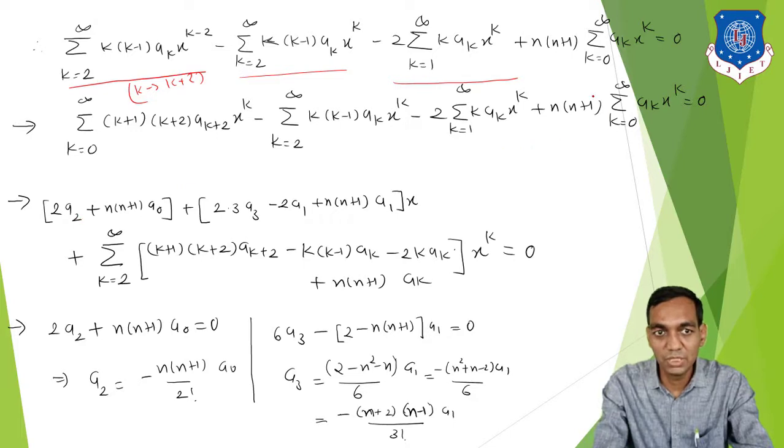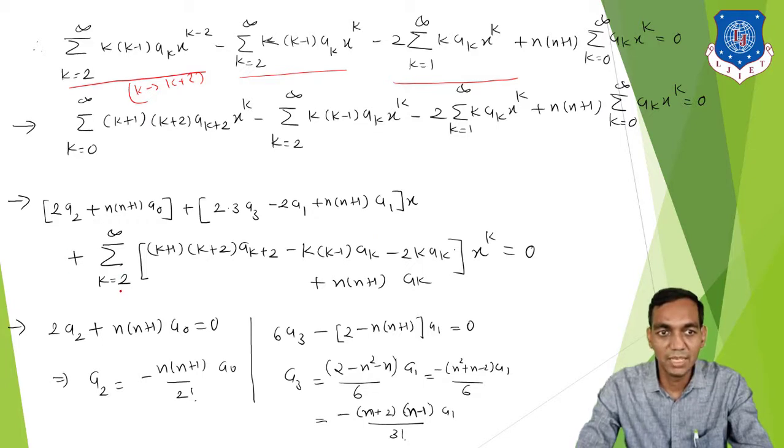The term for 0 from the last one is n(n plus 1) a0. By the same method, the term for k equal to 1: from the first sum, 2 into 3 into a3 x. Here k is equal to 1, so minus 2 into 1 into a1, that is minus 2a1. And the last is n(n plus 1) a1 into x.